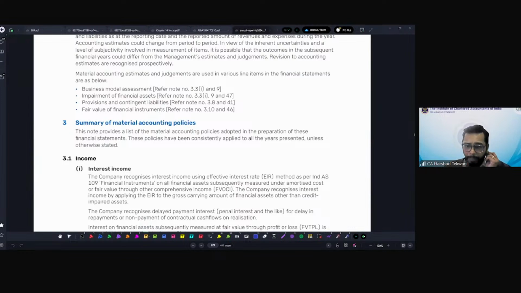I have one particular format which is from 2020, and usually different sections are updated from time to time. So I have one from 2020 with respect to this particular part.